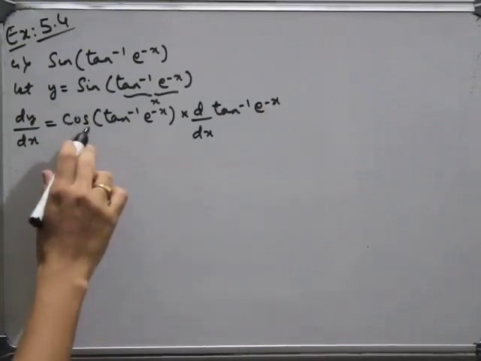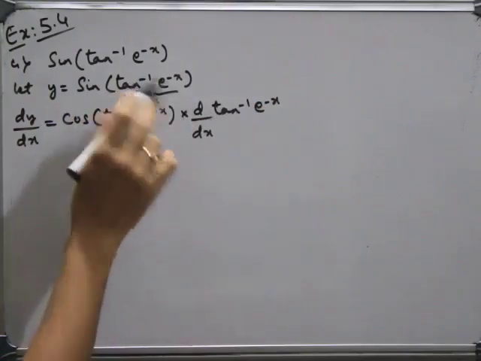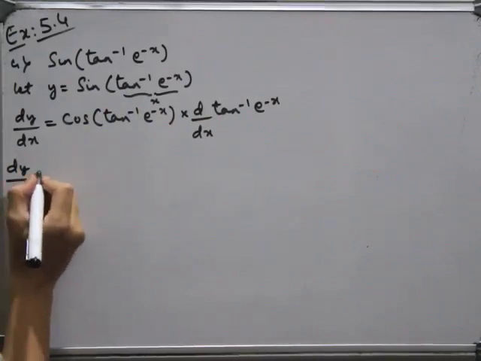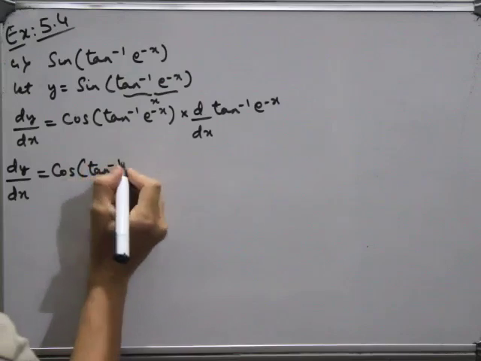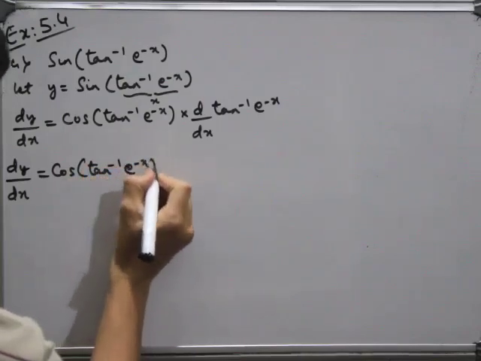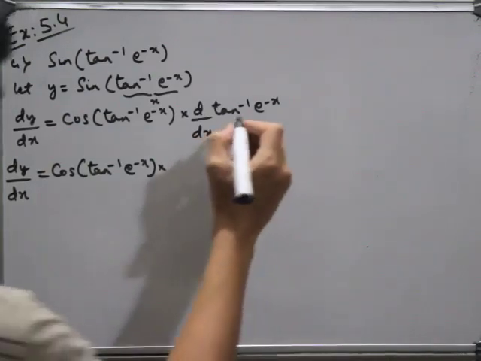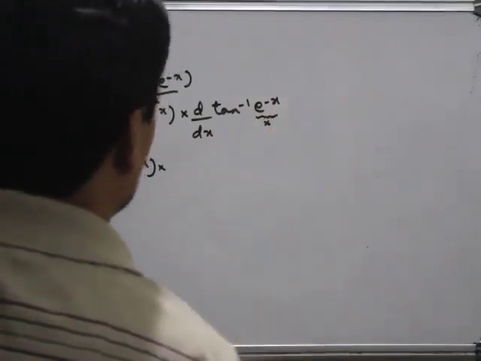The first function is differentiated, now we differentiate the second function in the next step. Write dy by dx is equal to cos of tan inverse of e to the power of minus x into, what is the differentiation of tan inverse x? It is 1 by 1 plus x square. Here you should consider e to the power of minus x as x.